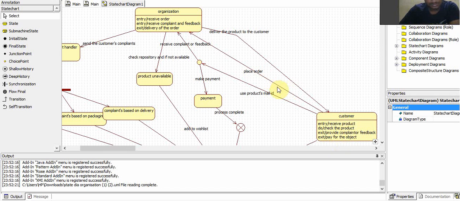The customer will ask for something here, like the customer will place the order. The organization checks whether that product is there or not.